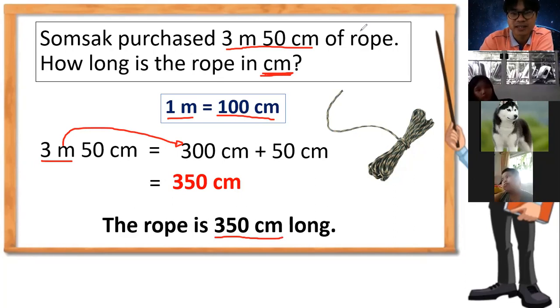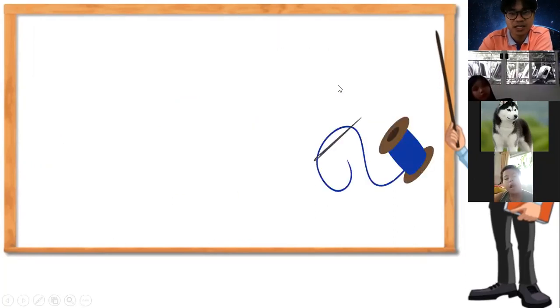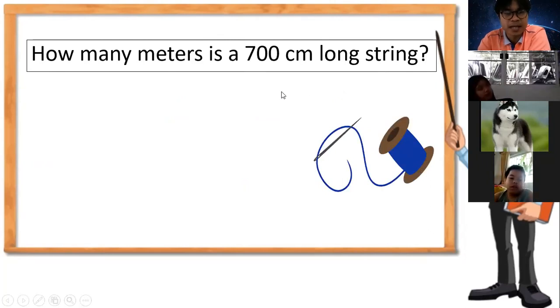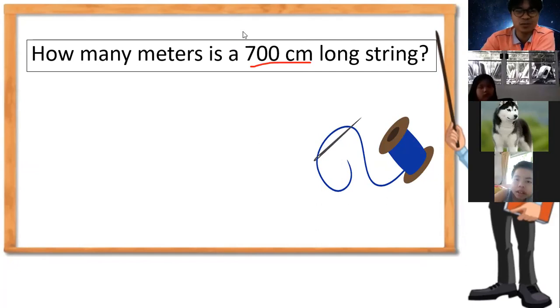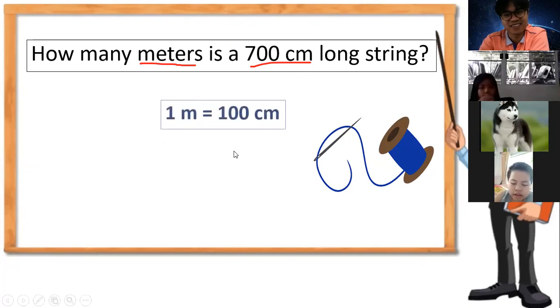All right, just follow there. Another example here. Look at here. How many meters in a 700 centimeters long string? 700 centimeters to meters. Convert into meters. 7 meters.